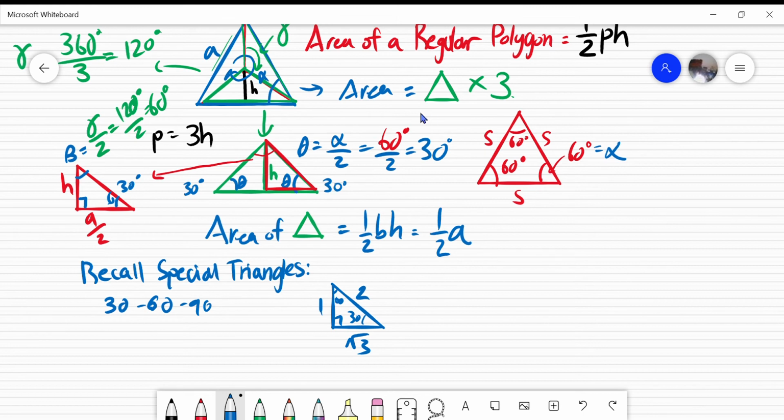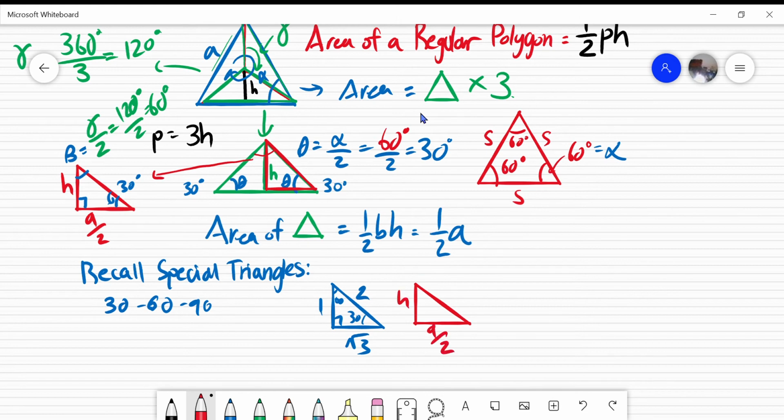And what we can do is use ratios and figure out what h could be. So this is h.